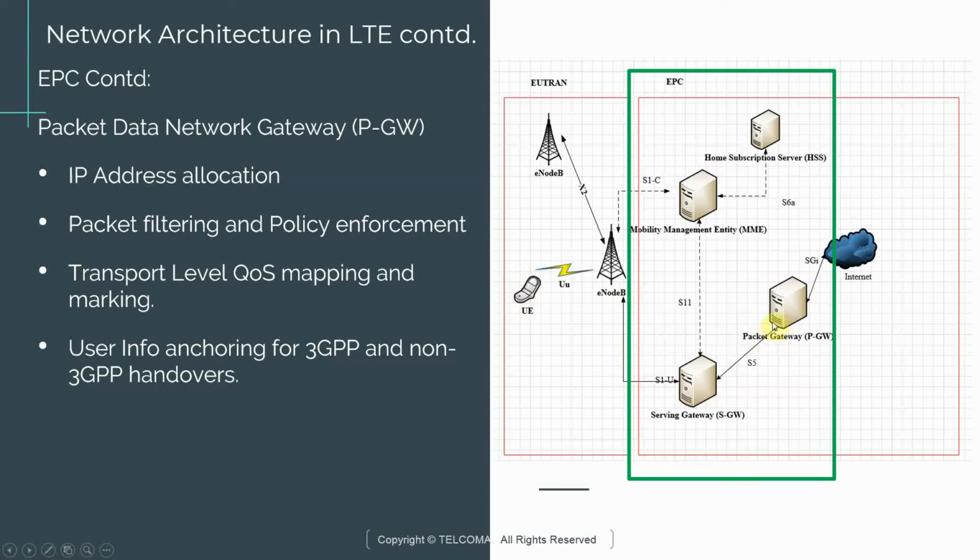And the way they do that is they come from the PGW, go to the SGW, go to the E node B that the UE is currently connected to, and then the E node B transfers the data to the UE. Another key aspect is transport level QoS mapping and marking.